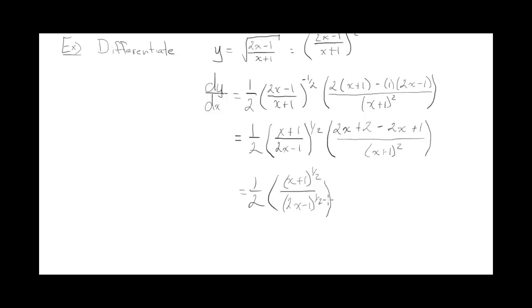And the reason I'm doing that is so that I can combine this one and this one. So x plus 1 squared. And now here the 2x and the minus 2x go away, and I'm just left with 3 on the numerator. So let's just take this 3 and combine it with the 1/2. So we're going to have 3 over 2.